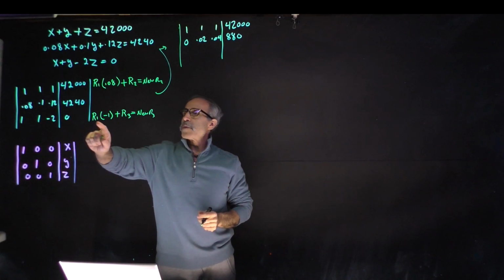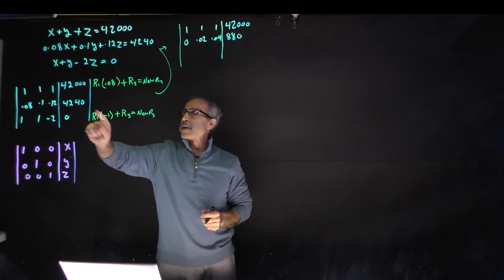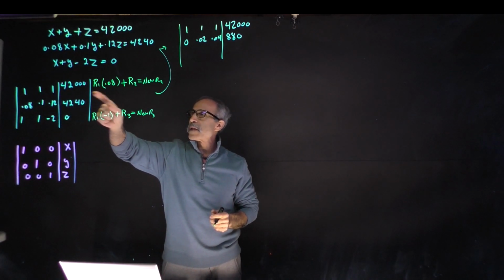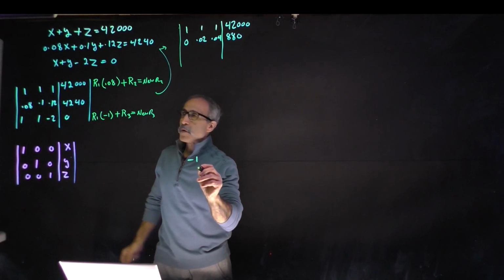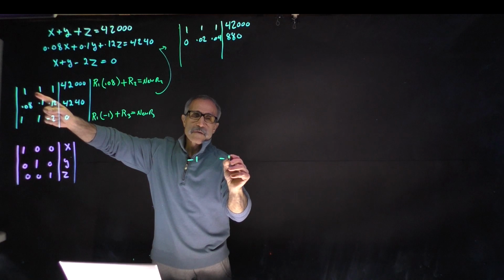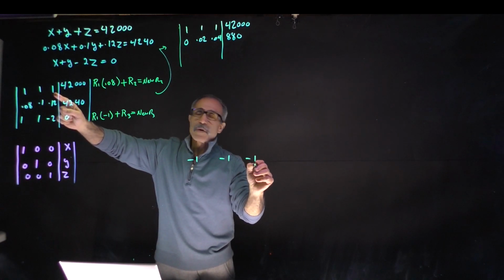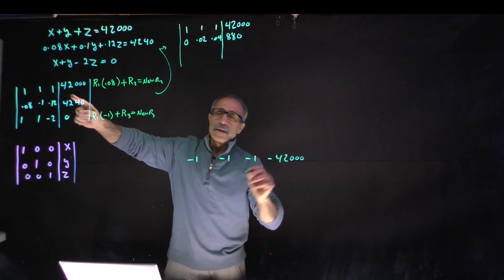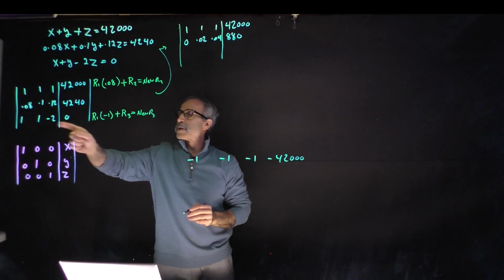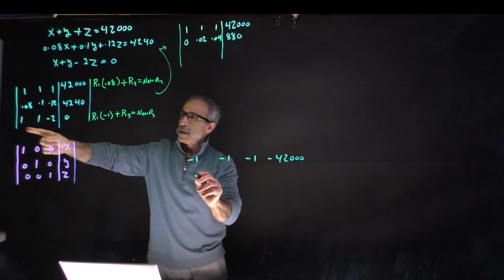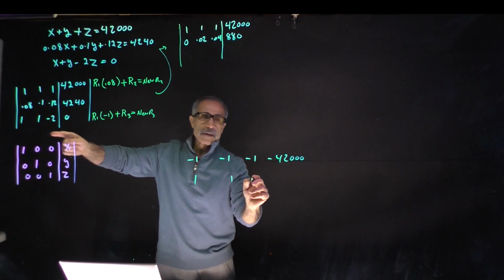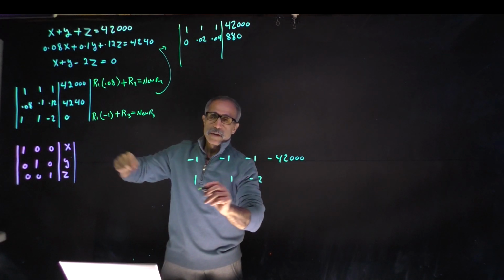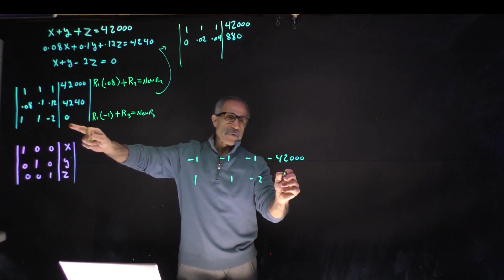Okay, so now we're going to take row 1, multiply by -1. So if I multiply this row by -1, that's going to become -1, -1, -1, and -42,000. Then I'm going to add it to row number 3. Row number 3 is a 1 here, 1 here, -2, and then I'm going to have 0.